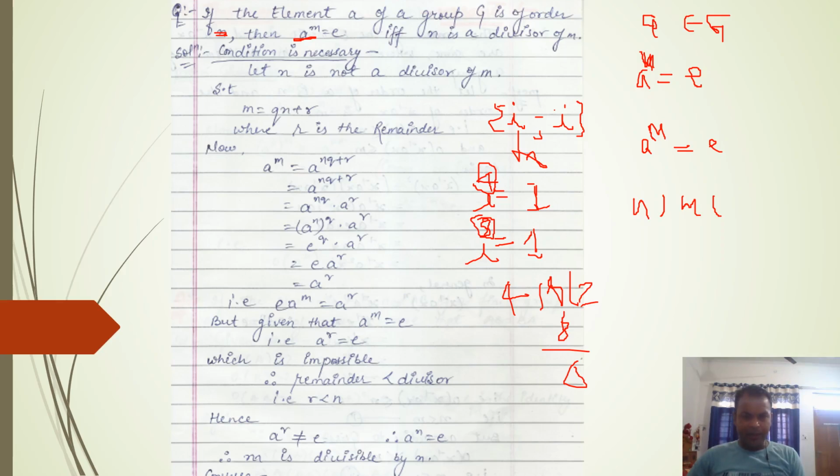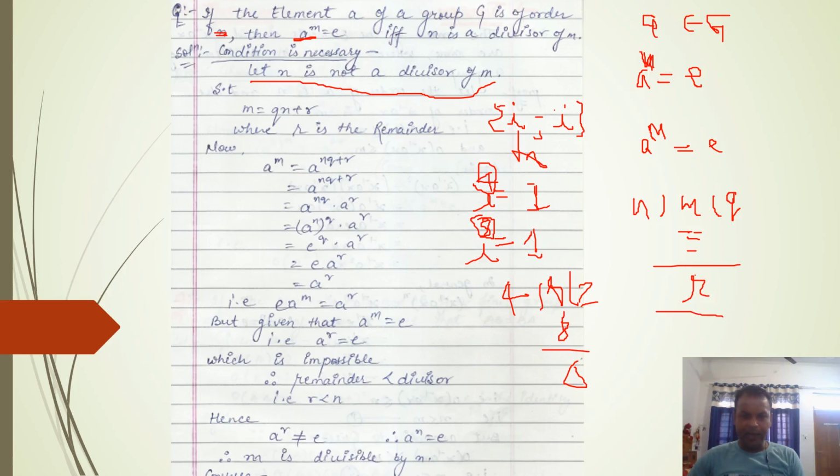Let us start the proof of this problem by using contradiction. Here we are assuming that n is not a divisor of m. It means m is not completely divisible by n. So if you divide m by n, suppose the quotient is q, and the division continues until in the last we get the remainder r.